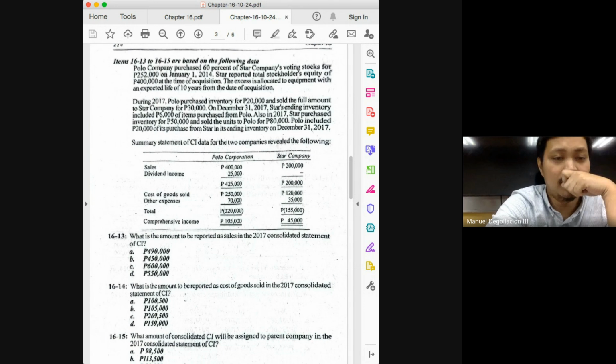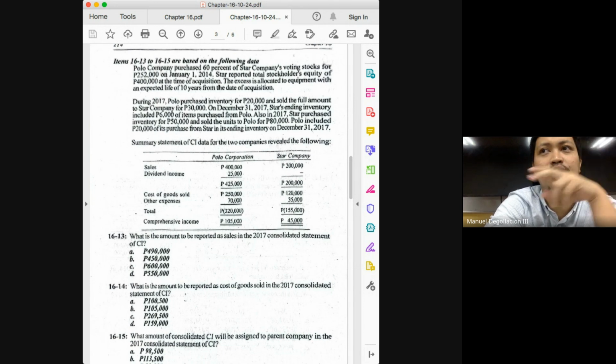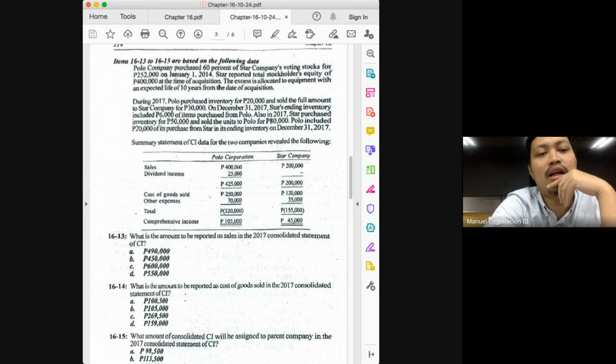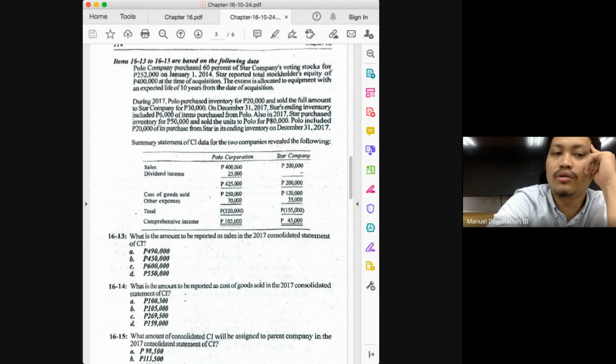So class, in solving for consolidated sales, you don't even have to determine whether it's upstream or downstream, so long as it is a sale between the parent and the subsidiary. So again, there's really no reason for you not to get consolidated sales. Okay, so again, the combined sales of the parent and subsidiary was 600, and the total intercompany sales was 110.